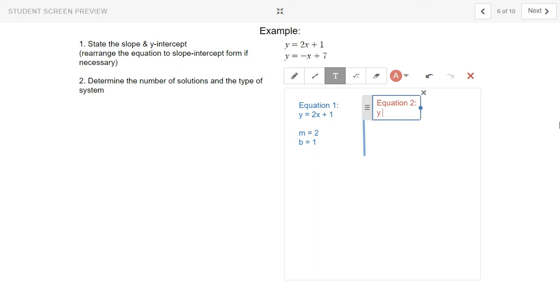Equation 2, we have y is equal to negative x plus 7. So our m is negative 1, b is equal to 7. Now, since our two slopes are different, I know that this is a system that will give us one solution.